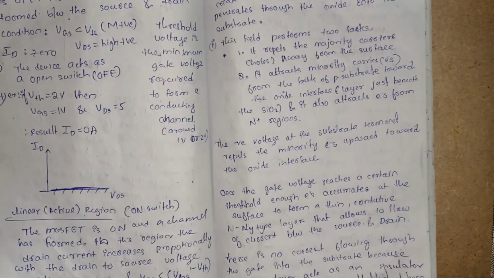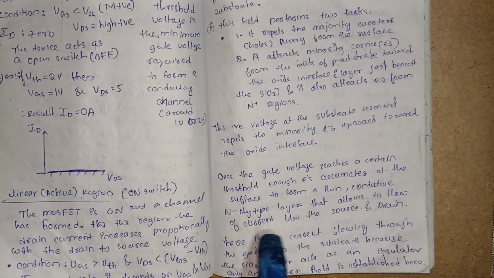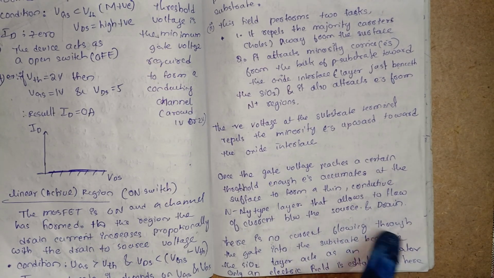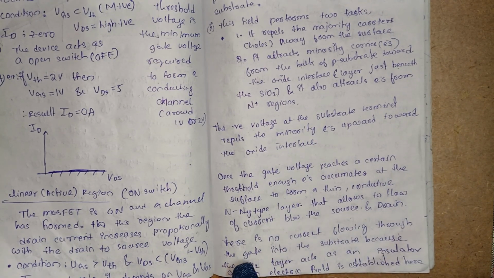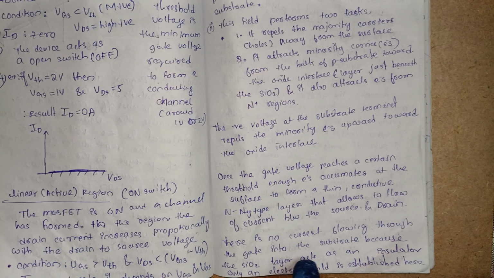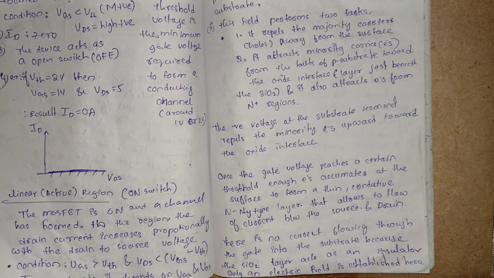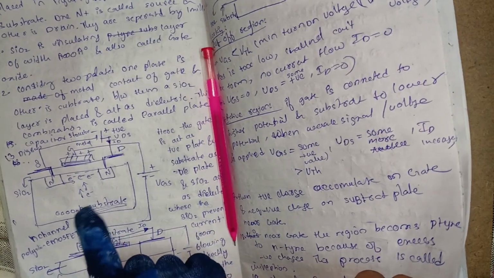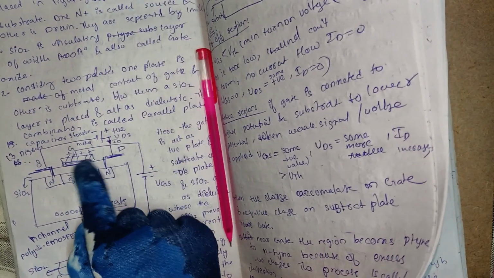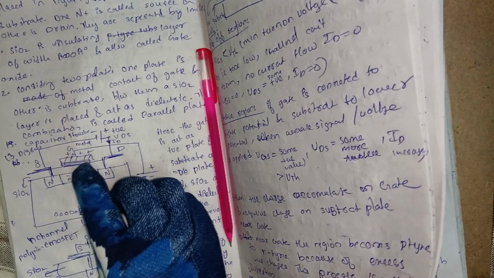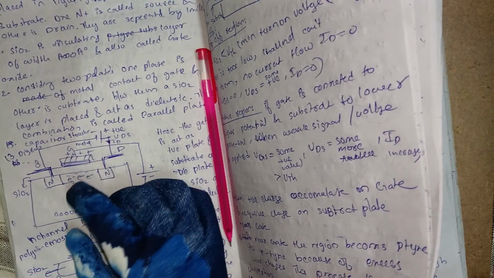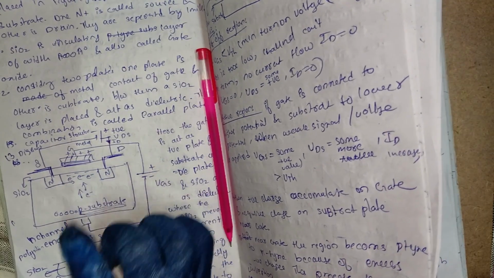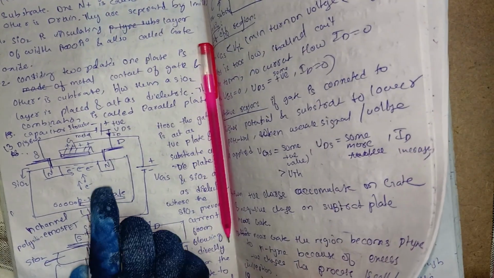There is no current flowing through the gate into the substrate because the silicon dioxide layer acts as an insulator. Only an electric field is established here. So there is no current flowing between gate and substrate, because this insulator is in between. It only establishes an electric field which creates a conducting channel by attracting electrons.